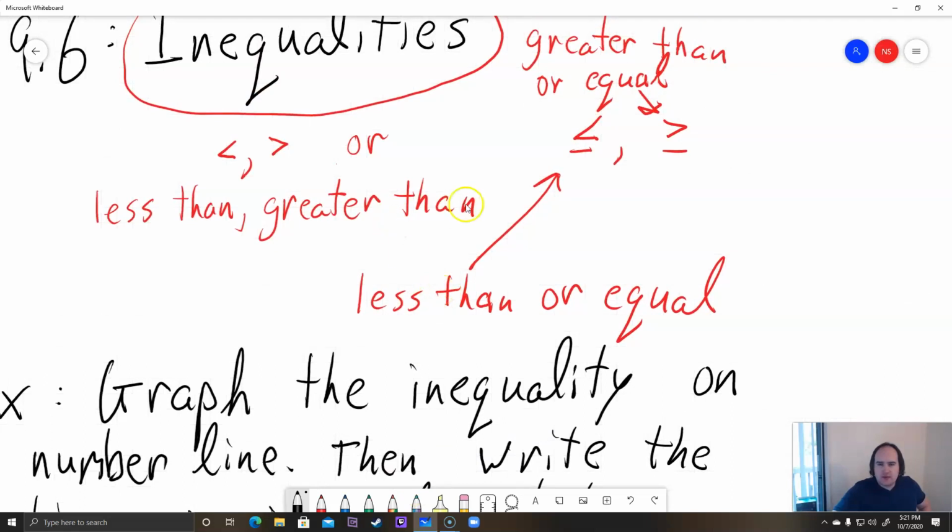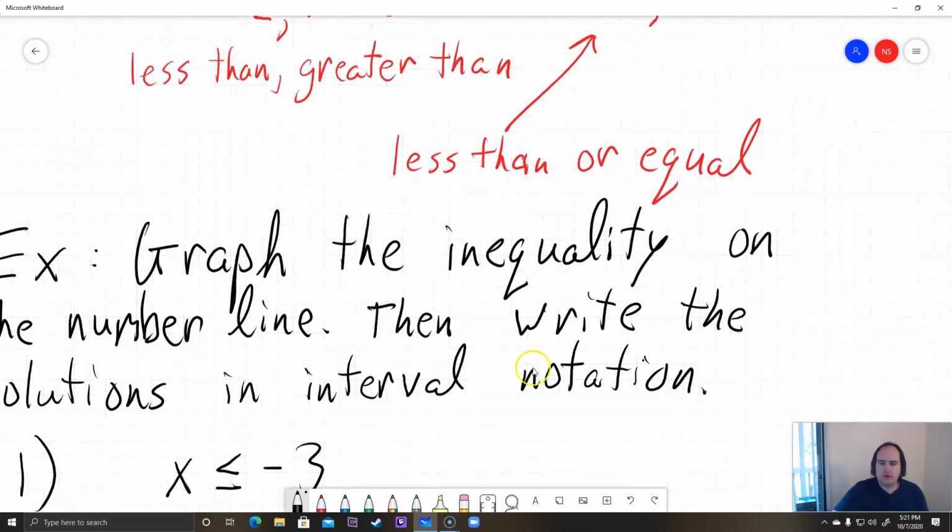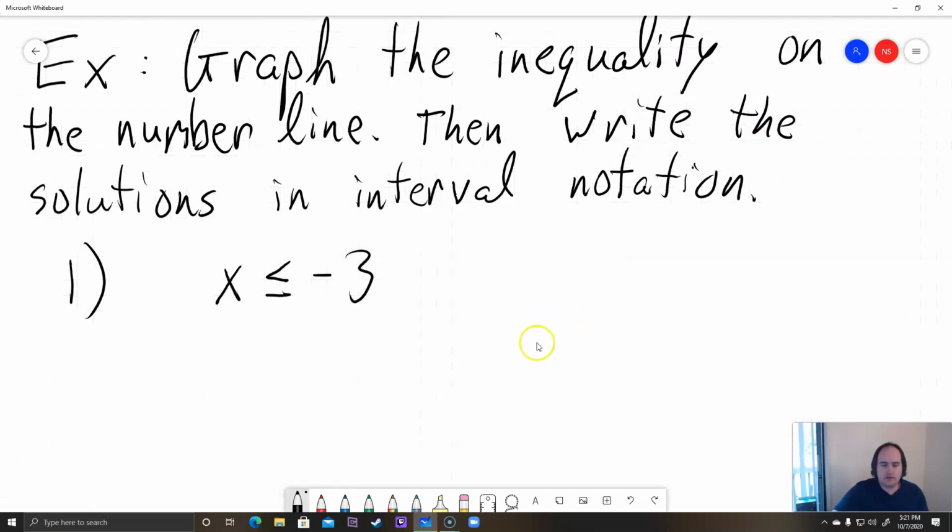Less than or greater than does not have a line underneath it, whereas less than or equal and greater than or equal do. And that extra line means that the graph also can be equal to the number.